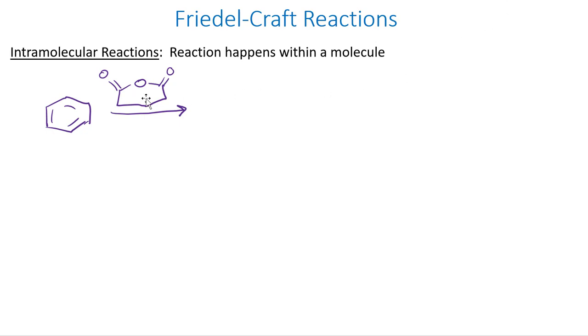So that we have, in this case, a 5-membered ring, and we use aluminum chloride. Take a few minutes here and see if you can predict the product.